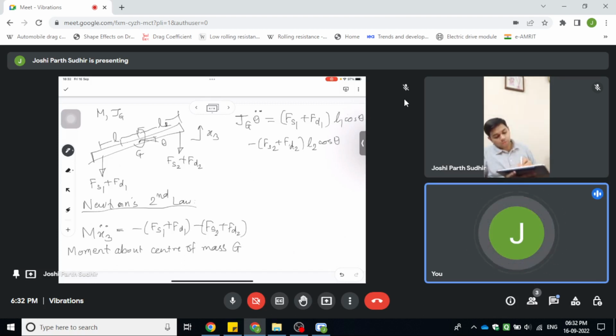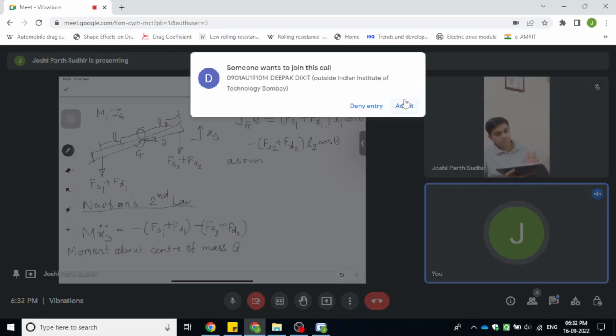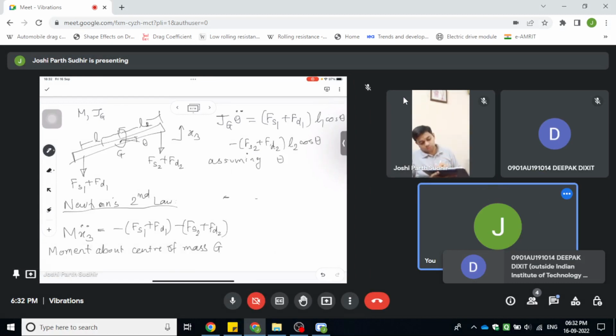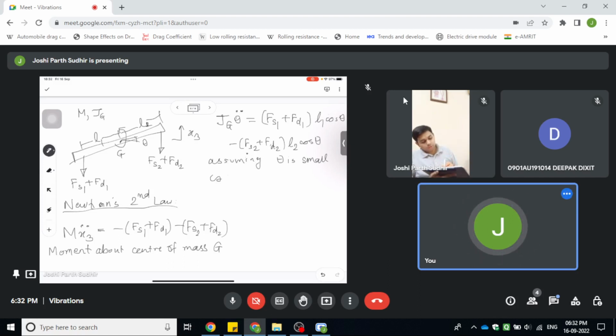So if we assume that theta is small, so assuming theta is very small, cos theta will be nearly equal to 1.